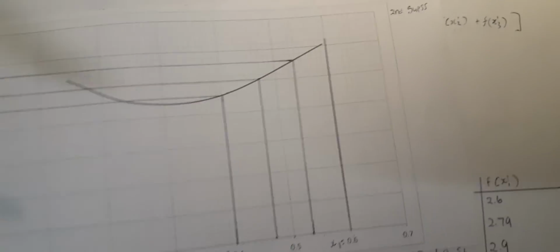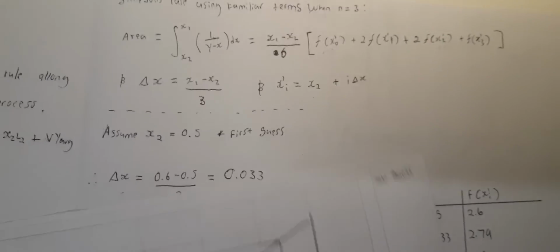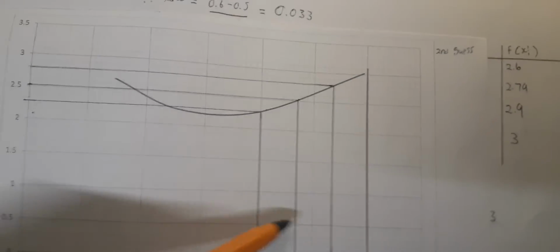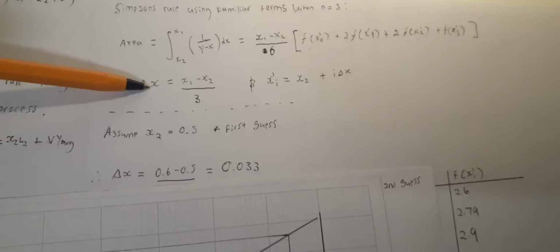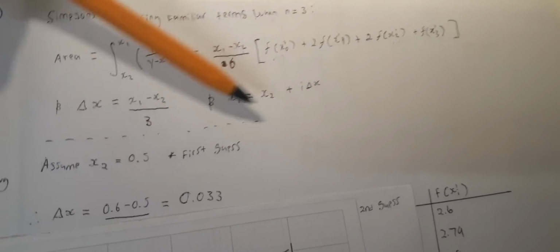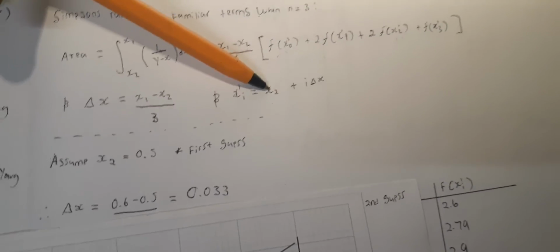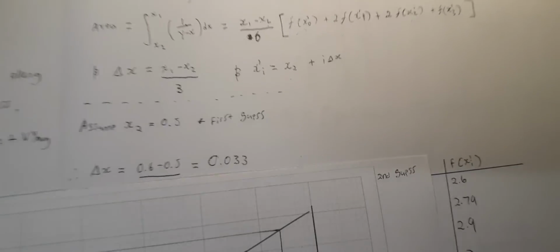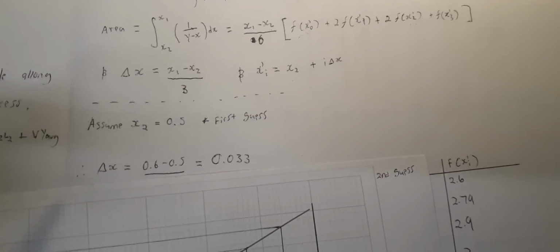It gives us the number of rectangles. So delta x gives us the spacing between these rectangles, and after finding delta x, we put it on this equation. x2 is the x2 that we guessed, and the xi primes will be the x values on our graph.